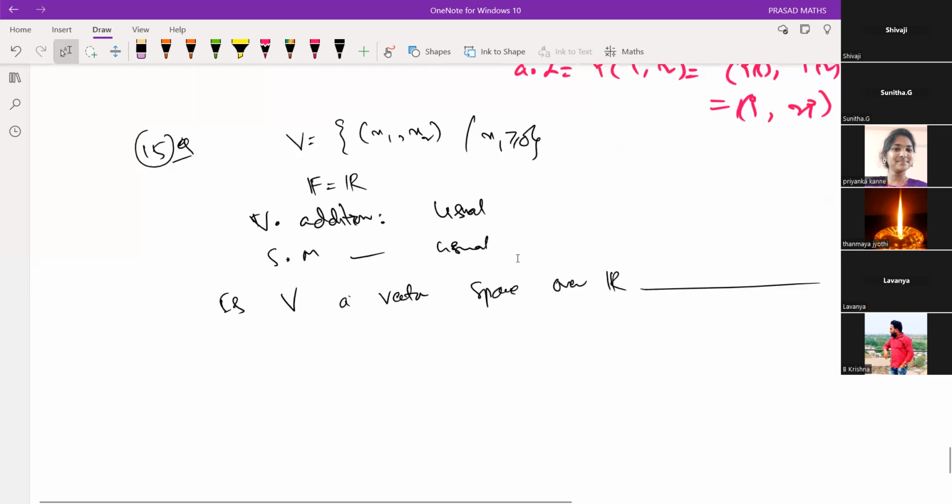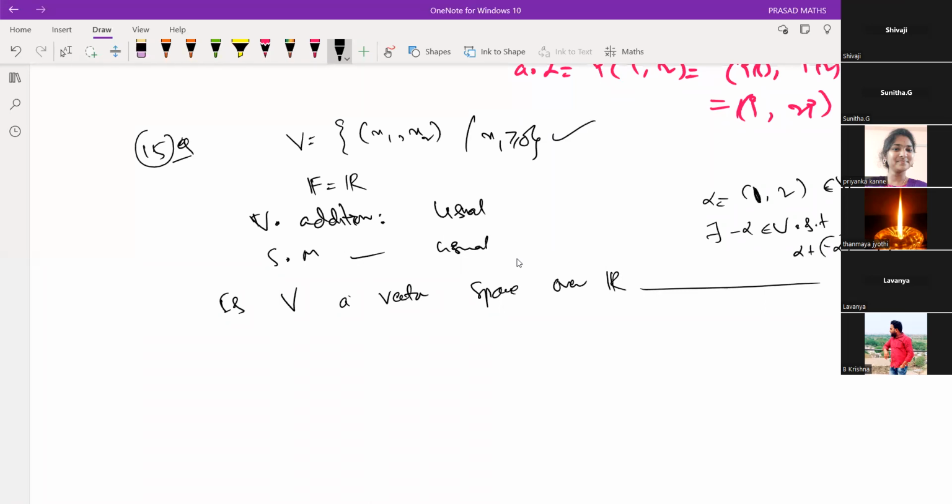Suppose I take alpha equal to (1, 2). Is it an element of V? Yes, because the first component is non-negative. The question is, does it have an inverse, such that alpha plus minus alpha is equal to 0?